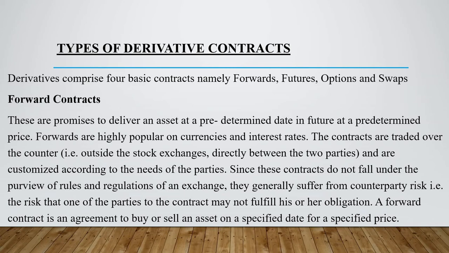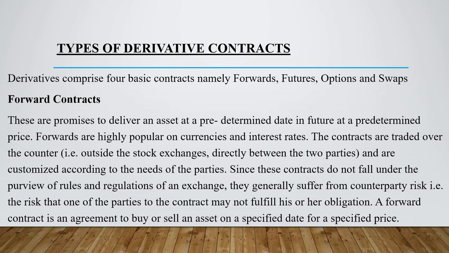First one is the forward contract. These are promises to deliver an asset at a predetermined future date at a predetermined price.